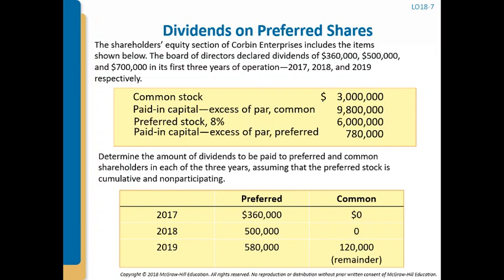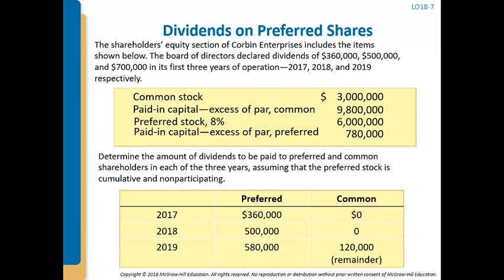And so in 2019, the board declares $700,000 in dividends. Well, another 480,000 accrues in 2019, so that has to be paid along with the excess of 100,000 not already paid.